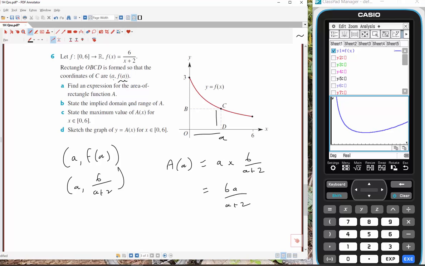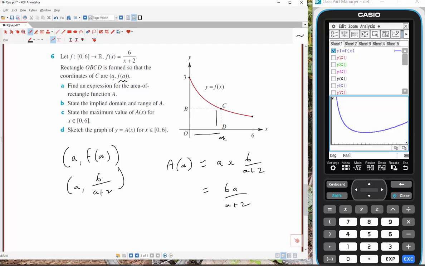State the implied domain and range of A. All right, so what can't we do? Well, we can't pop in -2. So it's going to be greater than -2.